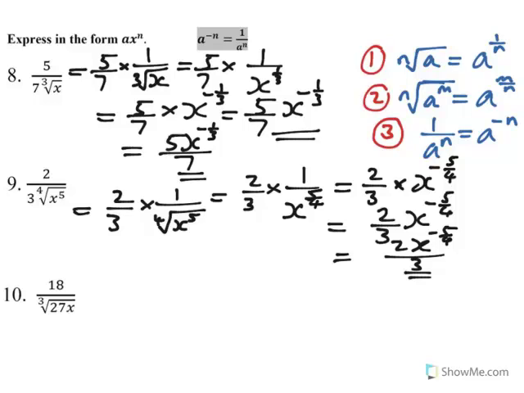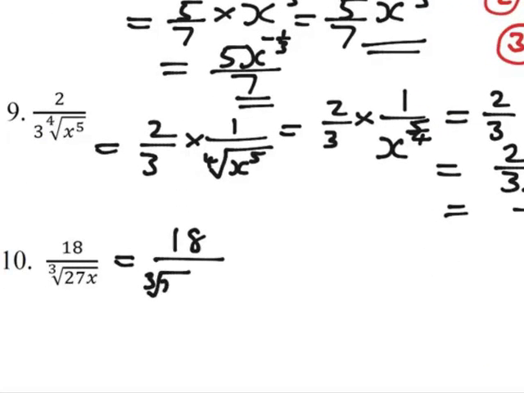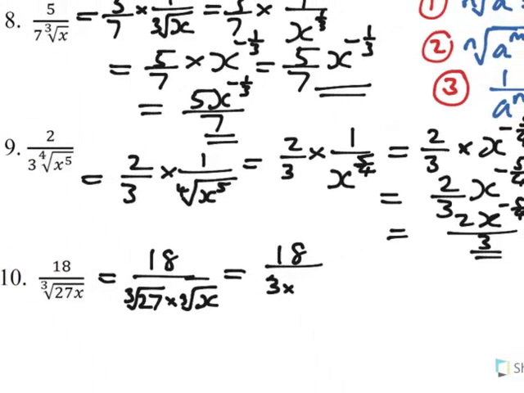The last one is a bit tricky because of the 27 inside the cube root. But the first thing to do is to split that cube root of 27x into the cube root of 27 times the cube root of x, which is then 18 over, cube root of 27 is 3, times the cube root of x is x to the power of a third.